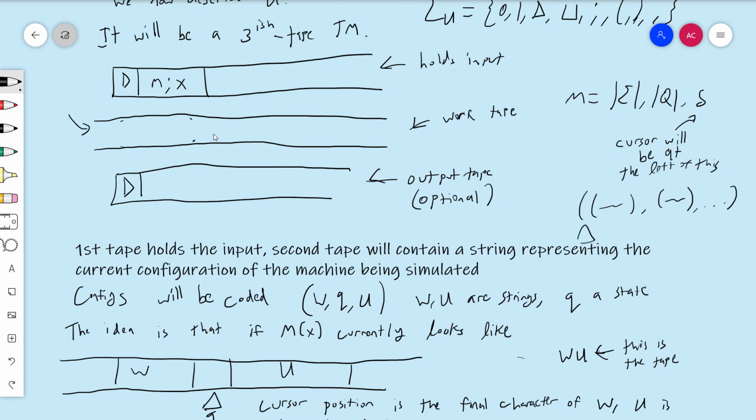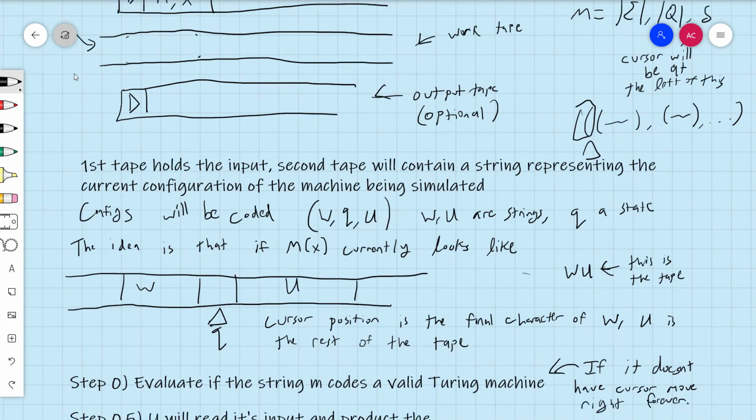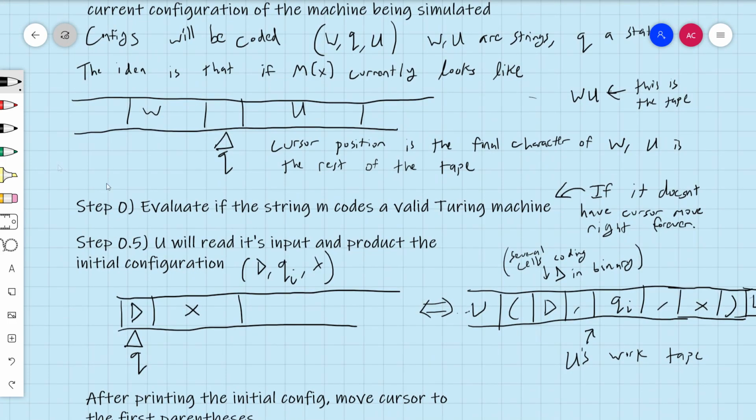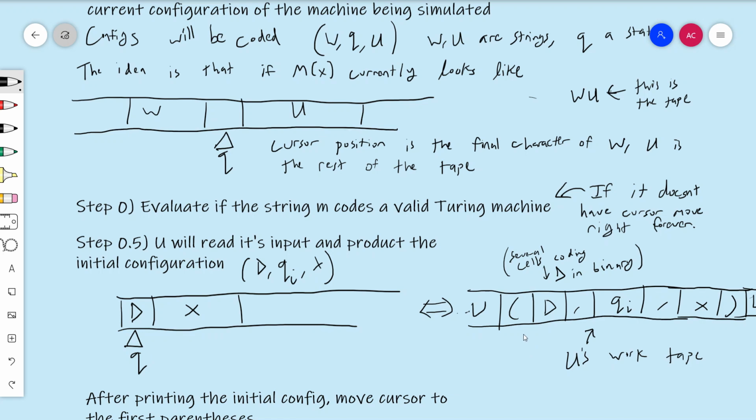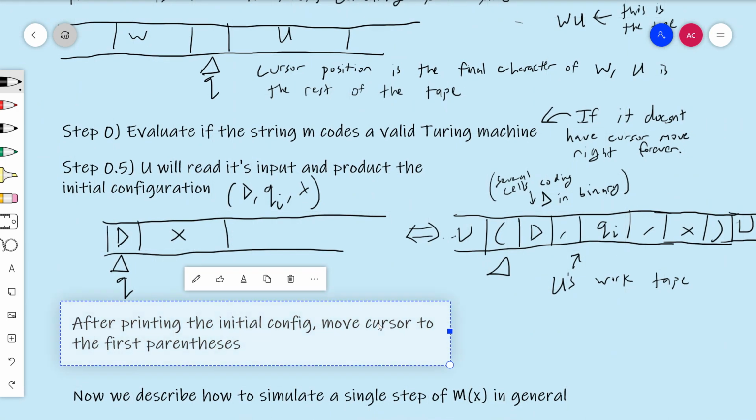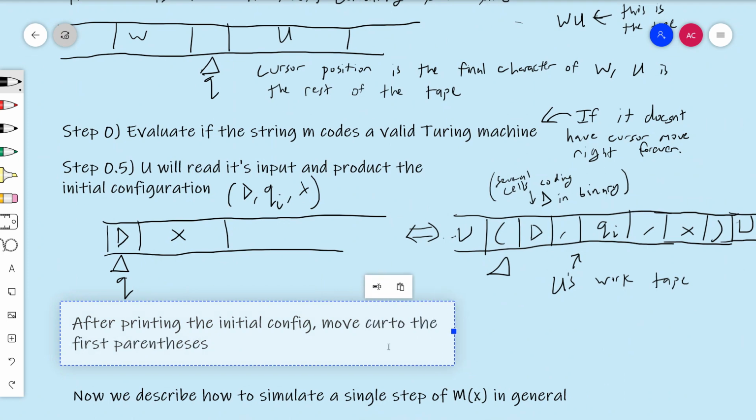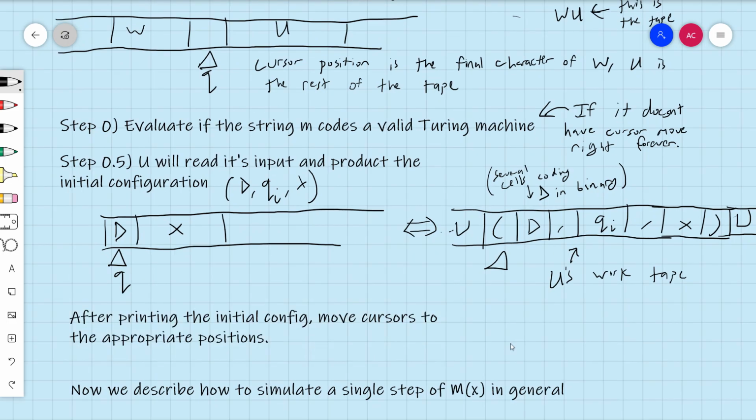And so I want my cursor to be right here. So that's where the cursor will be on the first work tape. That's where the cursor will be in the beginning on the input, and then where it'll be on the work tape will be, let's just say right here. Let's just say we start there too. So move cursors to the appropriate positions. Okay, now we can describe a step.